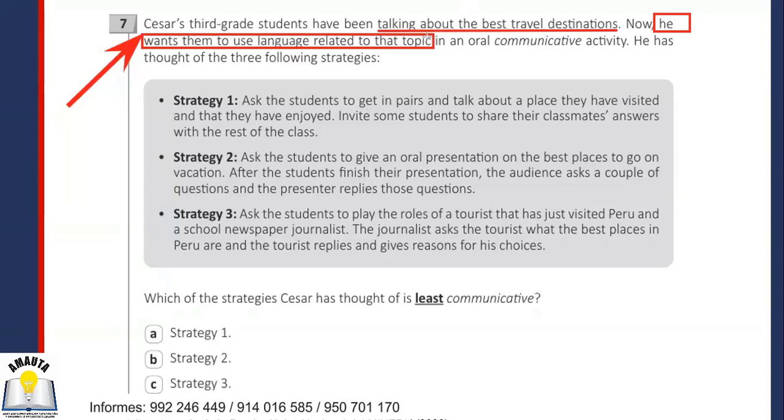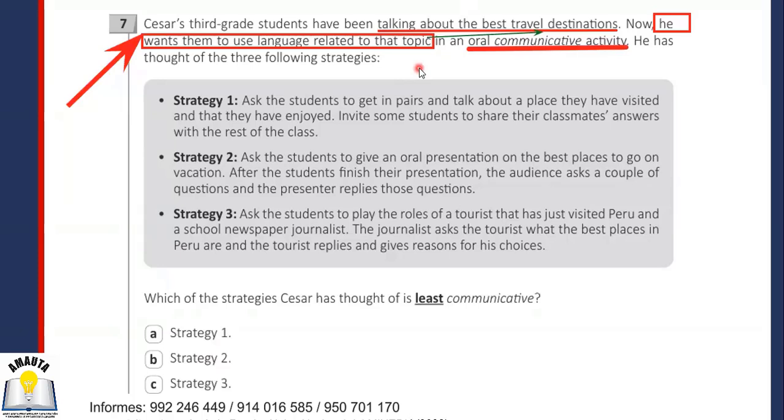Good. So Cesar wants his students to use language in an oral, remember to identify the type of task, the type of activity, the type of evidence too, in an oral communicative activity.